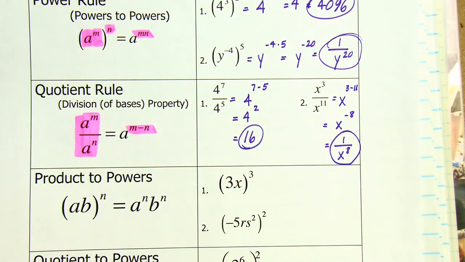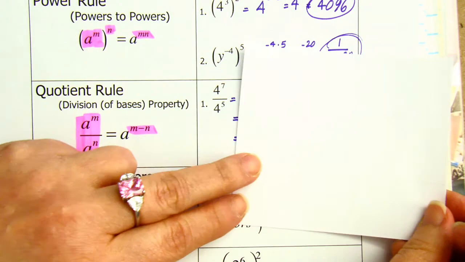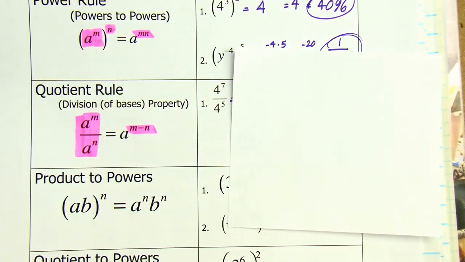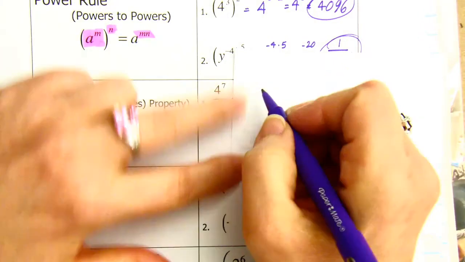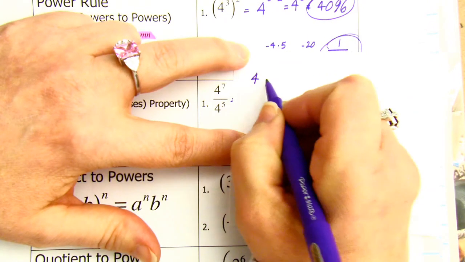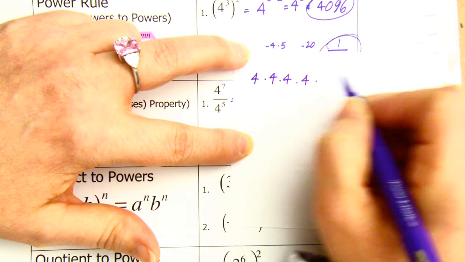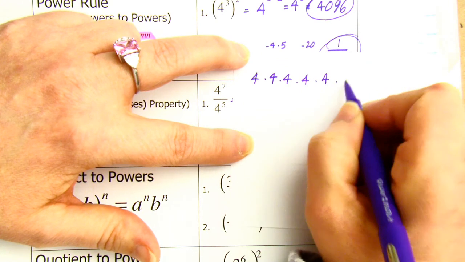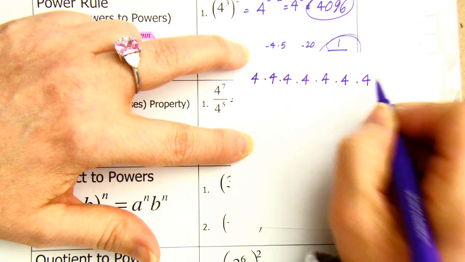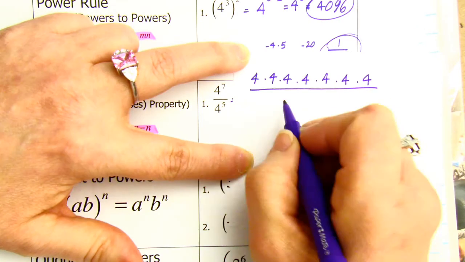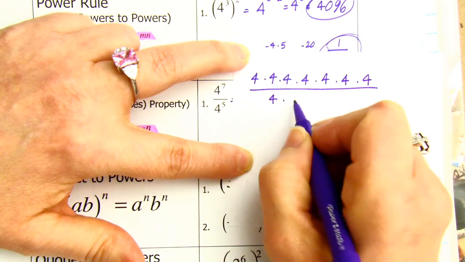You know, lots of times for these, I'm using the properties, but what I do, and I'll illustrate this to you with this problem. 4 to the 7 means 4 times itself 7 times. And 4 to the 5th means 4 times itself 5 times.